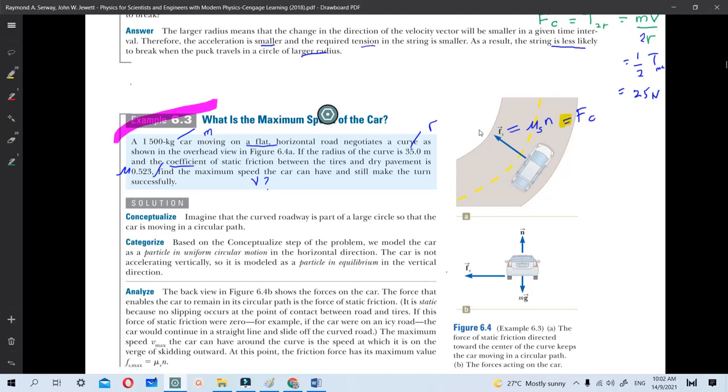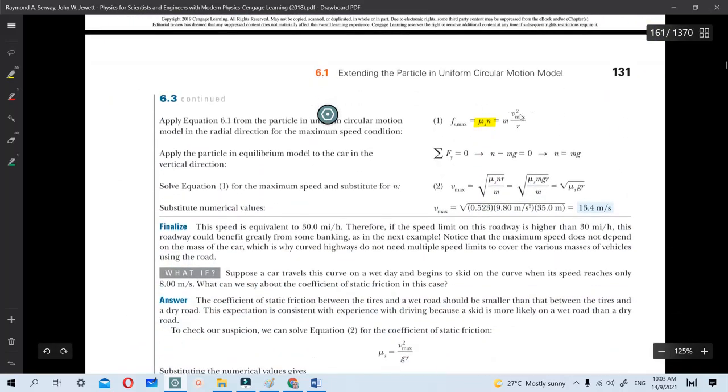For that case, we are looking at what the Fs maximum is, and this Fs is equivalent to mv squared over R. Since this is the maximum supplied friction, the corresponding calculated V is the maximum V. And this is what you saw from my earlier explanation.